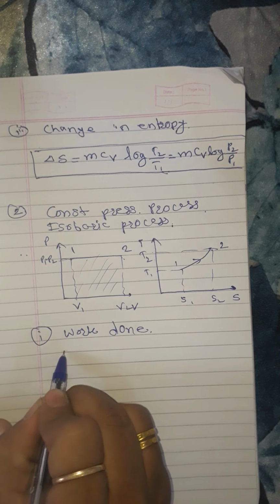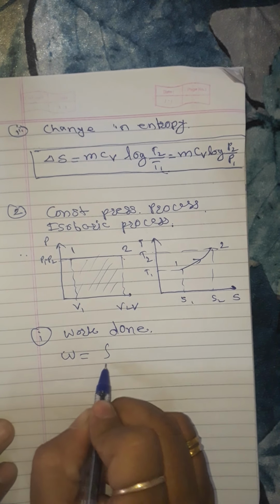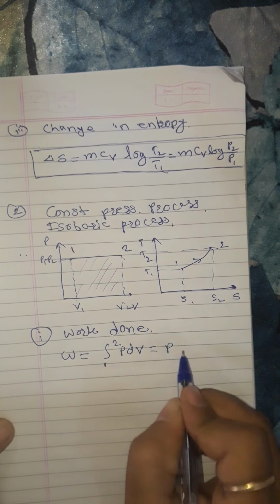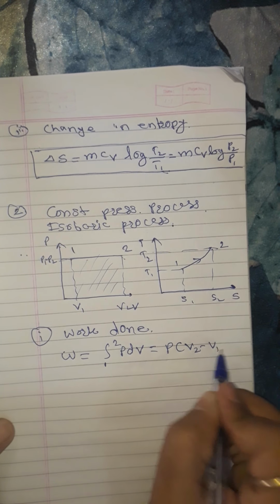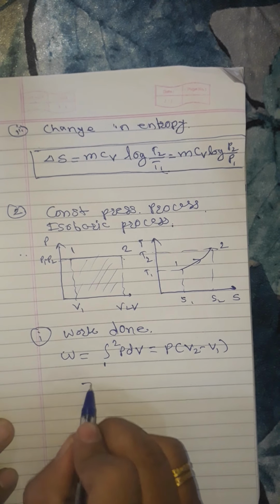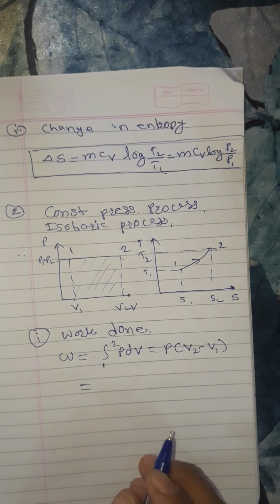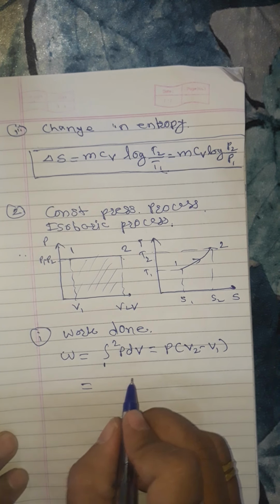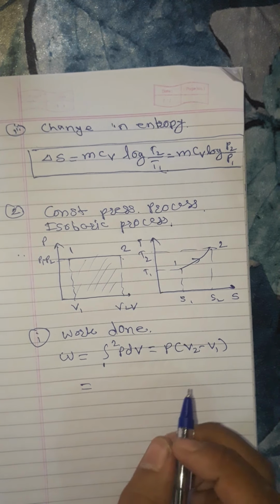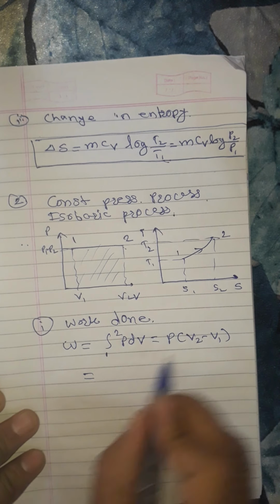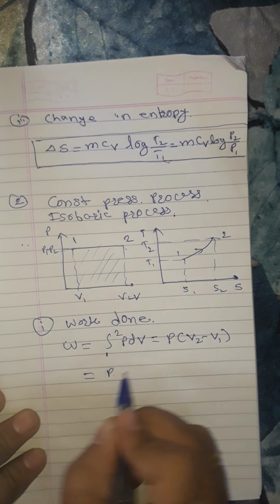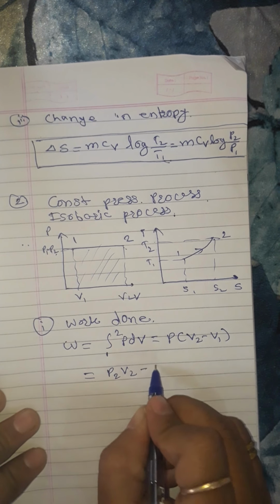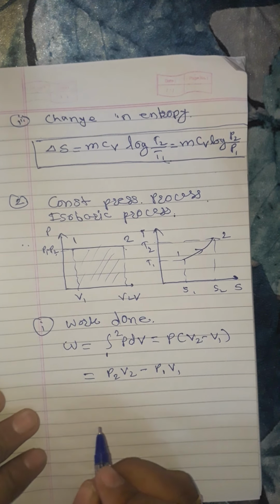Work done W is equal to the integral from 1 to 2 of PdV, which is P into (V2 minus V1). From the ideal gas equation, since P2 is equal to P1, we can write this as P2V2 minus P1V1.